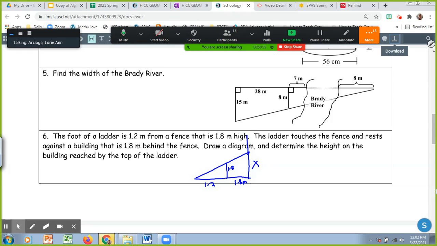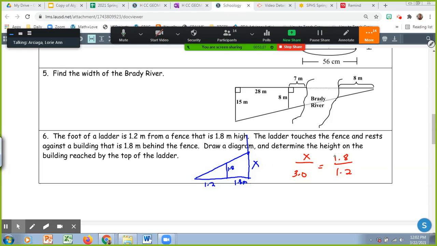Yep. So when you set up your proportion, you have to add the bases again, add the two numbers for the base. Yep, not drawn to scale. To find the whole base of the bigger triangle. So it's going to be x over the whole base is equal to 1.8 over the shorter base. So x over 3.0 is equal to 1.8 over 1.2.